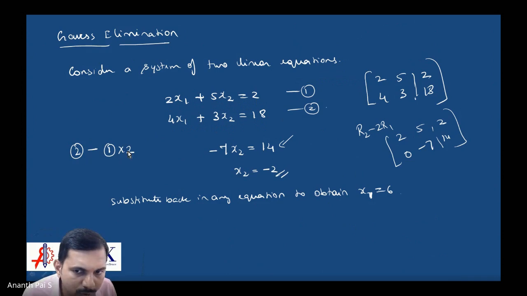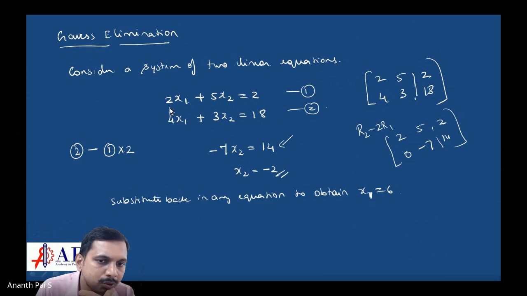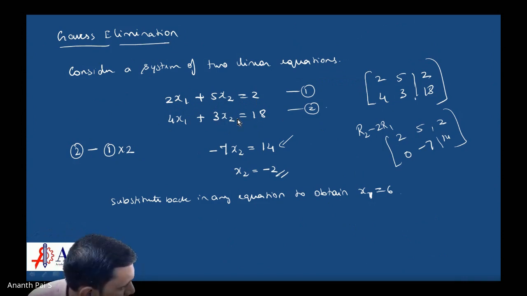So 2 into 1 into 2, you write here, 2 into 2 is 4, so this goes to 0, correct? Then 5 minus 3 into 2, 3 into 2 is 6, correct? So what do you get?